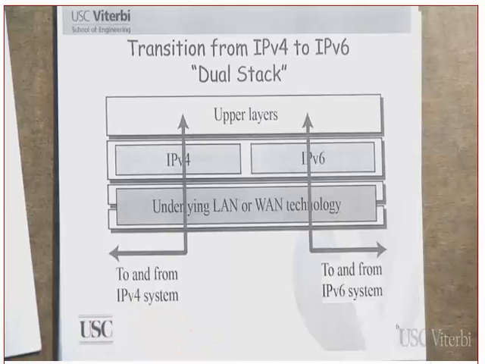Well, how would you get the IP address of a destination host? Forget about IP version 6. I want the IP address of a destination host. How do I get it?